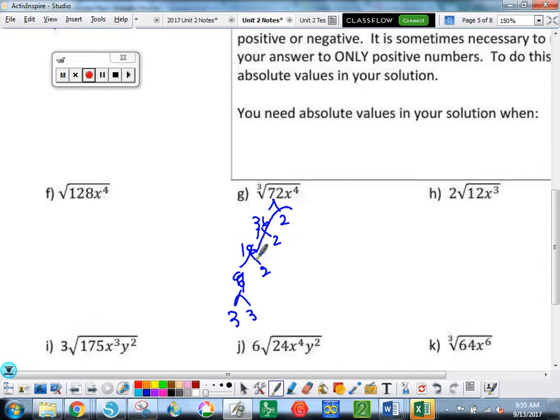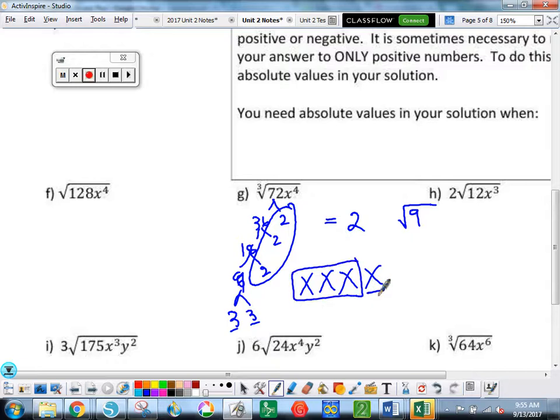Groups of 3. So those 3 2's will come out and they will form a 2, but my 9, the 3 and the 3, have to stay in. Is that okay? Then I've got 4 x's. How many groups of 3 come out there? 1 group of 3, 1 loner x. So 1 group of 3 stays out, 1 group of 3 stays in.